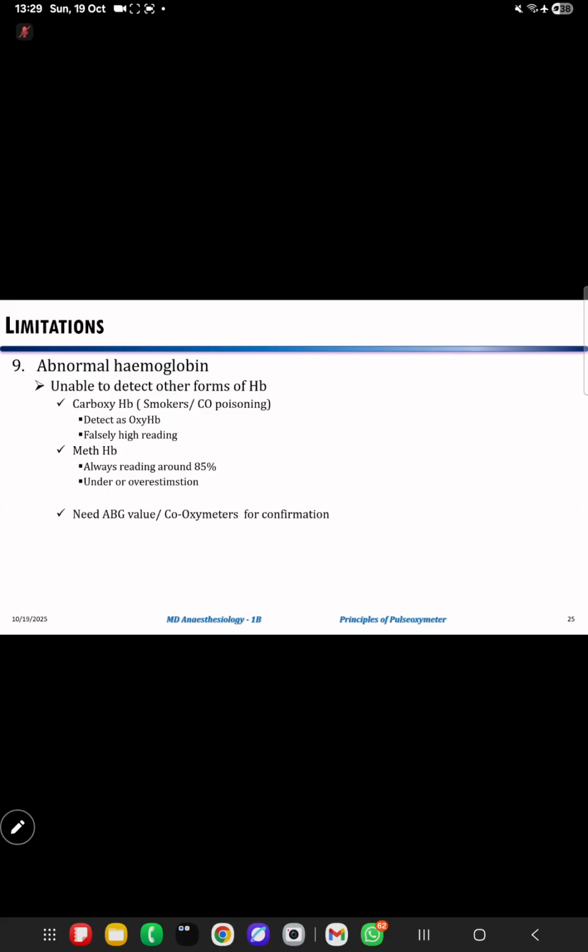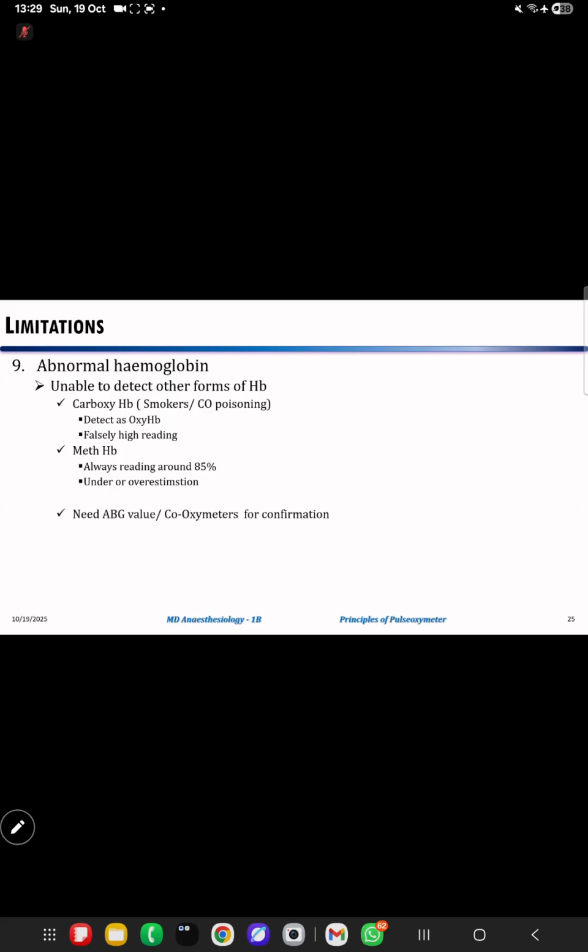For abnormal types of hemoglobin, in the usual pulse oximeter method, we measure only the oxyhemoglobin and the deoxyhemoglobin, so it is unable to measure the other types of hemoglobin.